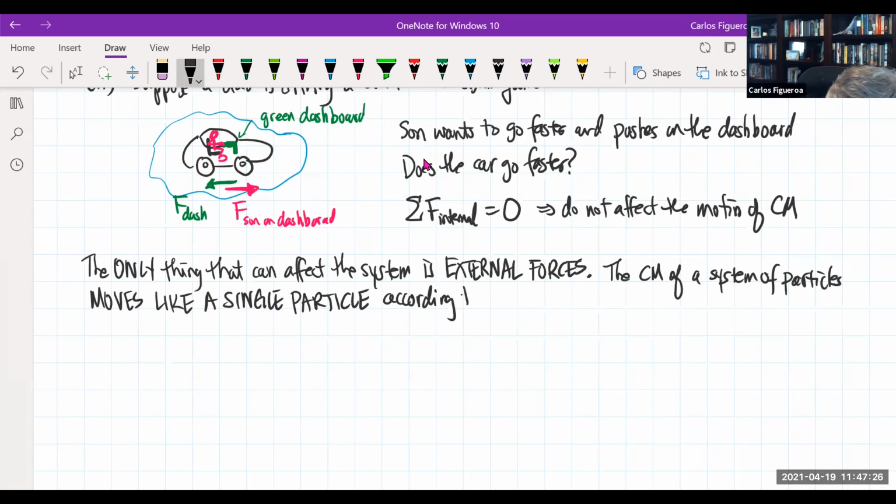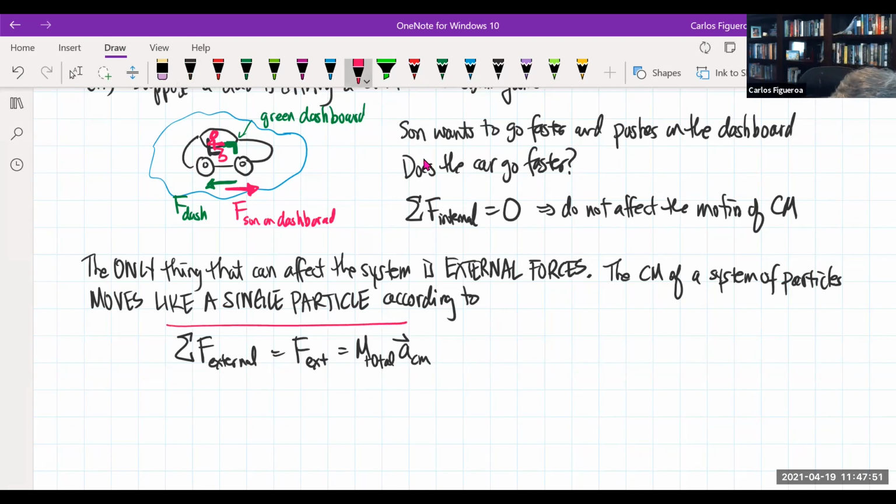According to what? The external forces. And this I'm going to write as a shorthand like this. And this, according to Newton's second law, tells us that the total mass times the center of mass acceleration equals the net external force.